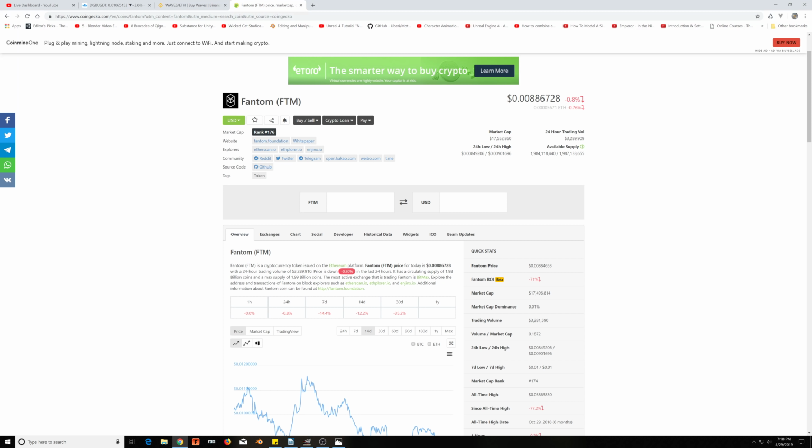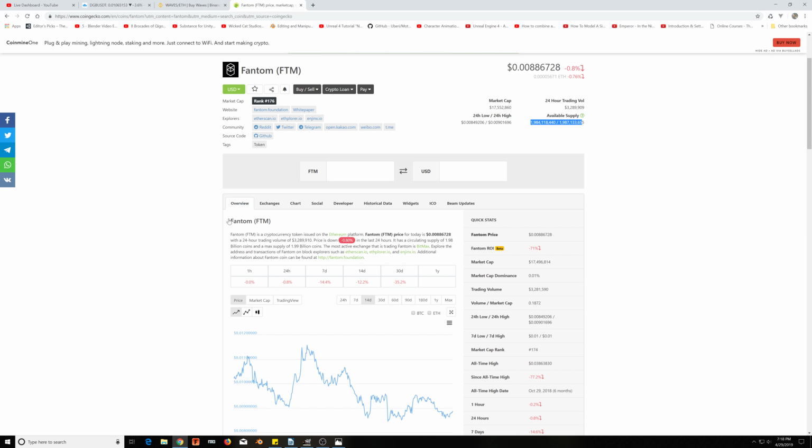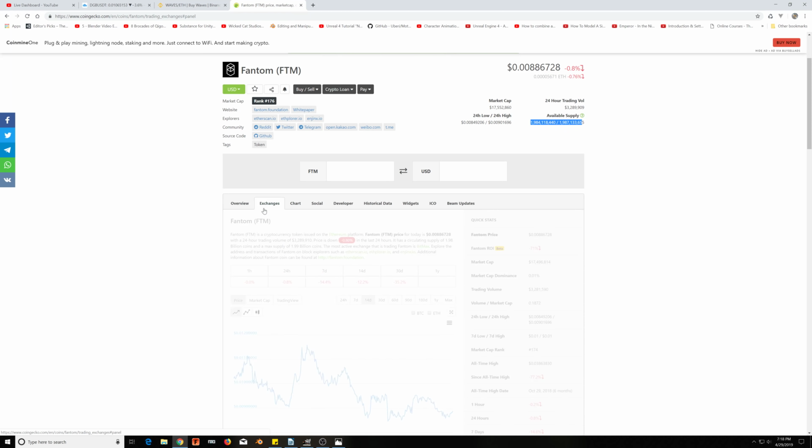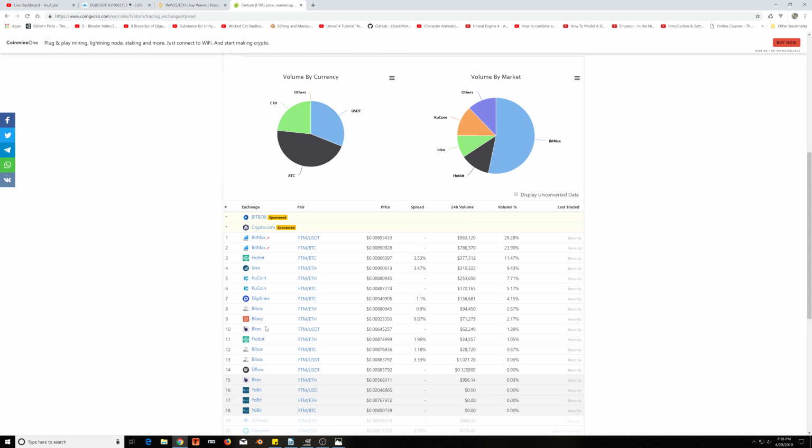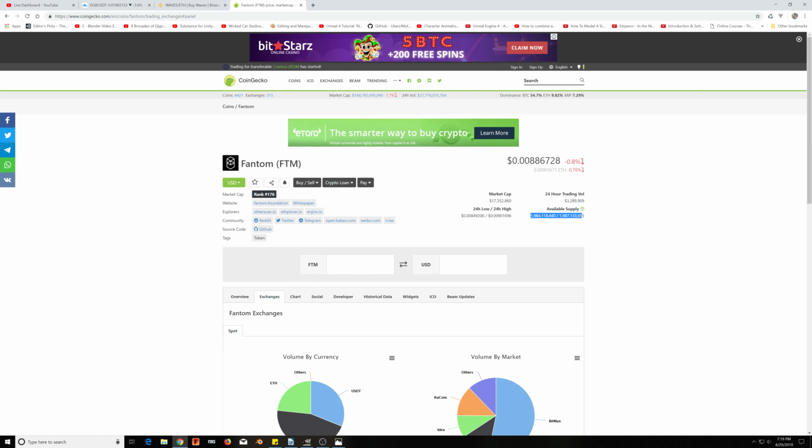Available supply. This is real cool. They're almost 100%. 100% of the coins are out there as being available. That's interesting. What do they do? I don't care. Let's look at their chart. Where are they at? Oh, they're in Qcoin. Okay, cool. What's their ticker?